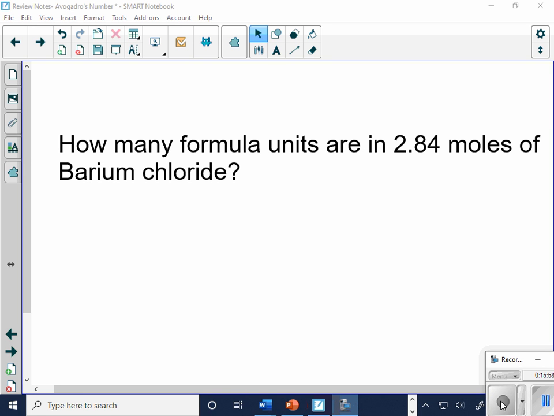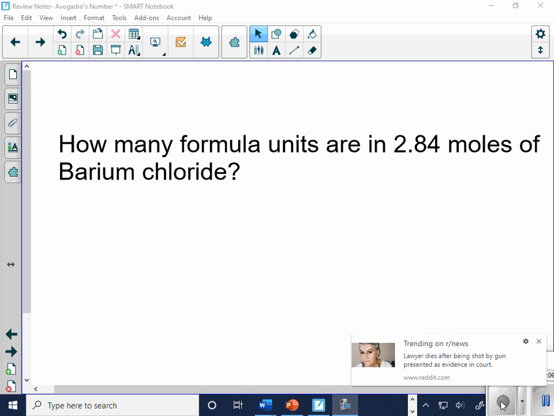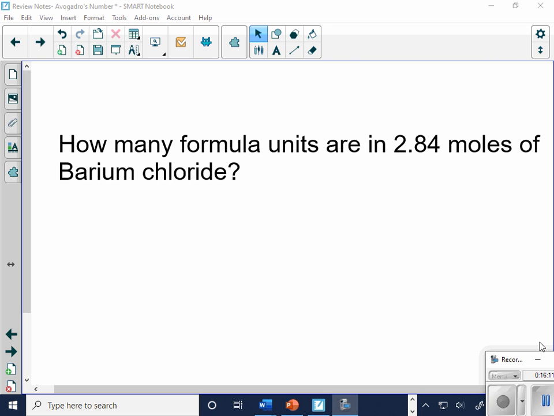Now, my problem states, how many formula units are in 2.84 moles of barium chloride? Well, I can see right now that I have formula units, so that tells me I'm dealing with ionic bonding. I can see that I have 2.84 moles of barium chloride.